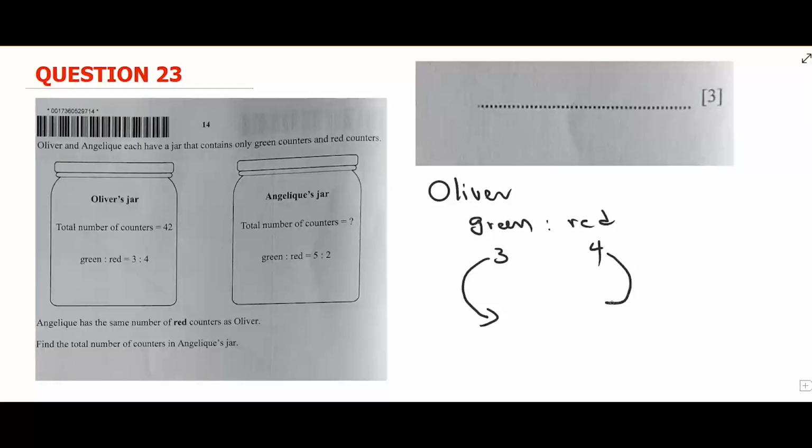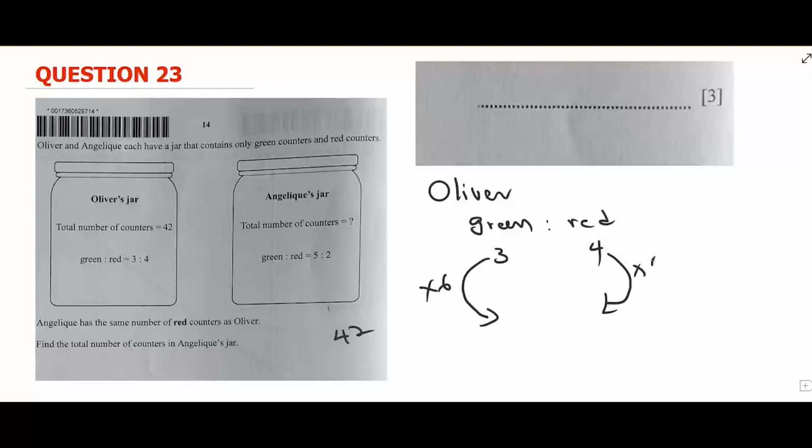So we need to find the number of rounds they will go. Since she has a total of 42, and each round they must both pick 7, that means we are going to have 42 divided by 7. That is 6 times. So that means they are going to go 6 times.